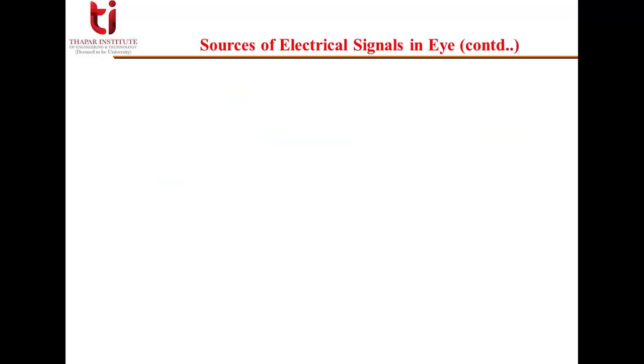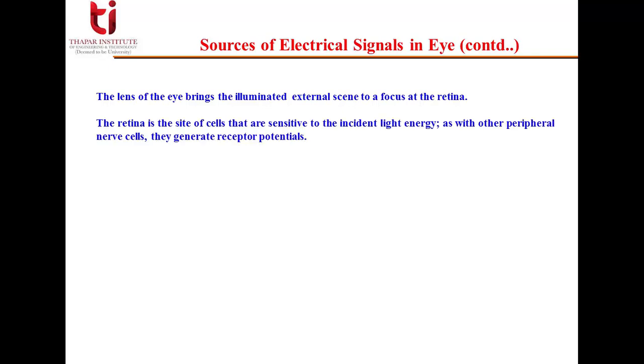Now, let's see another type of source and another type of signal. The lens of the eye brings the illuminated external scene to a focus at the retina. The retina is the site of cells that are sensitive to the incident light energy. As with other peripheral nerve cells, they generate receptor potentials.